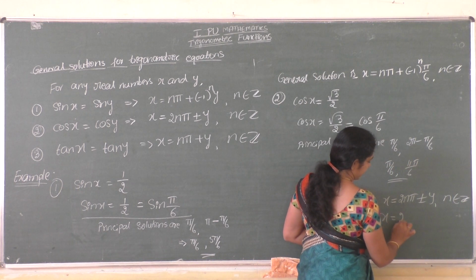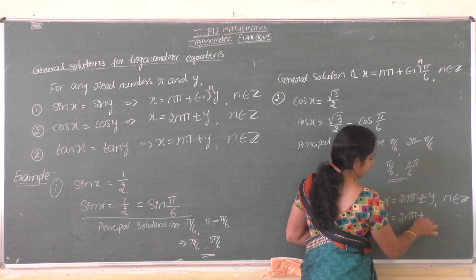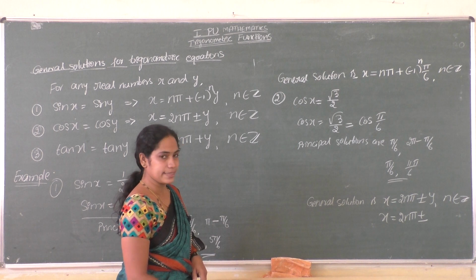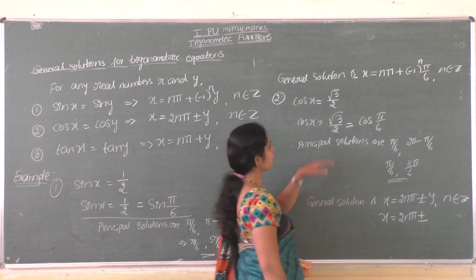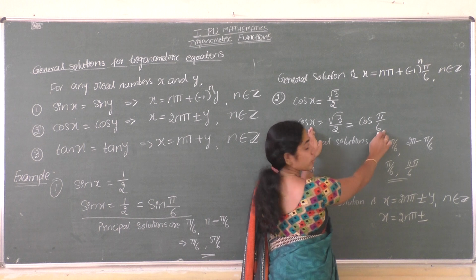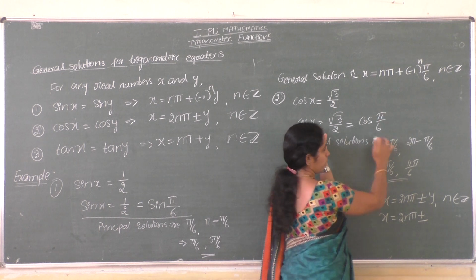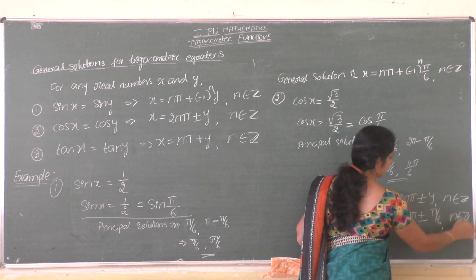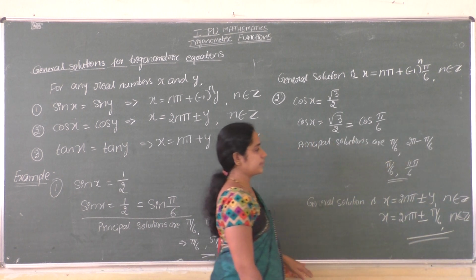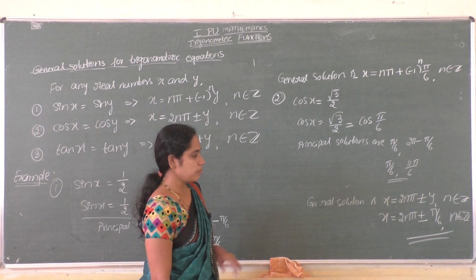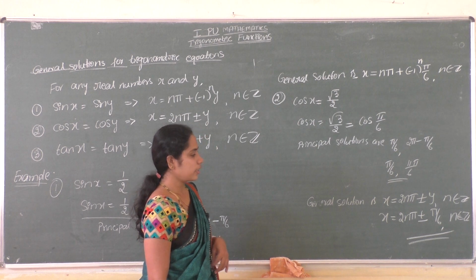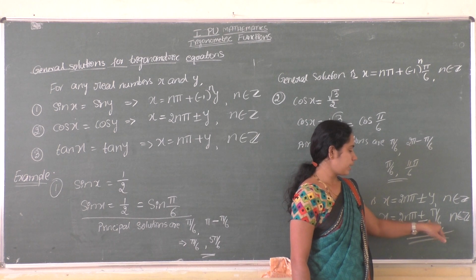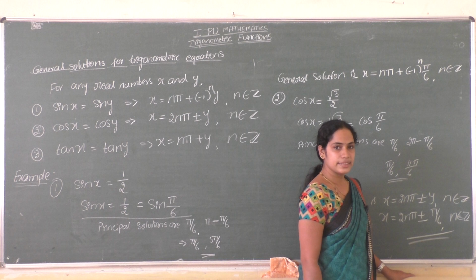Now what is x here? 2n pi plus or minus, what is y now? Here cos x equal to cos y. Y is pi by 6, where n belongs to z. So x is 2n pi plus or minus pi by 6.